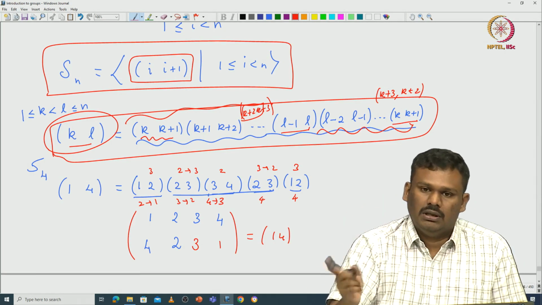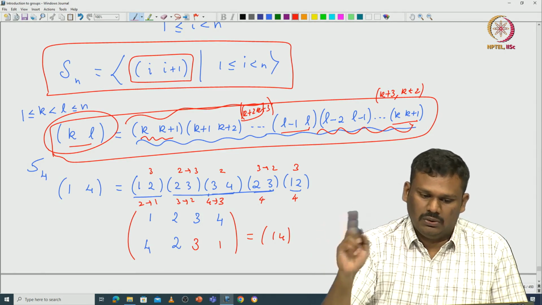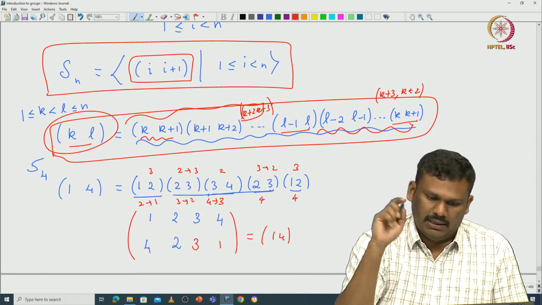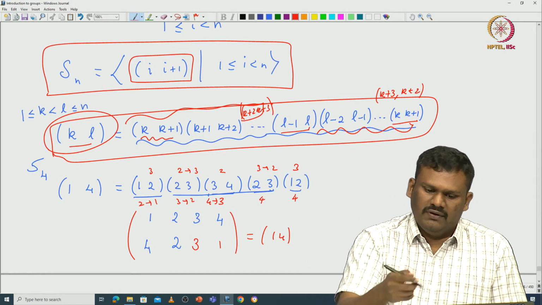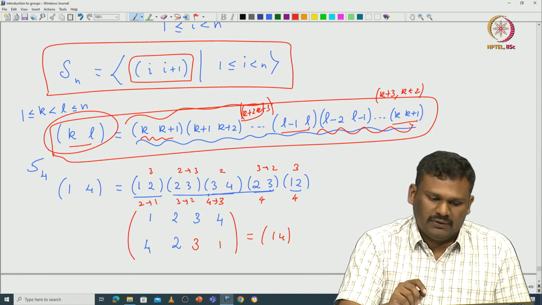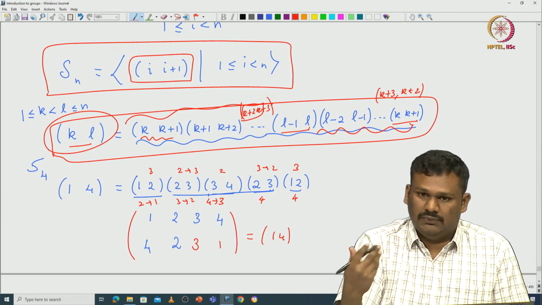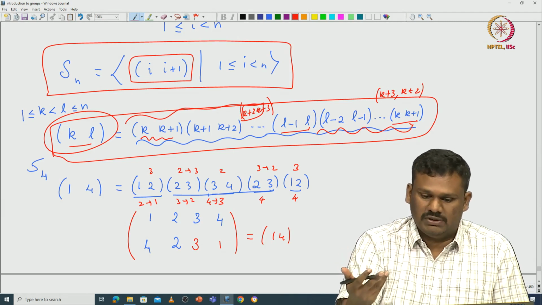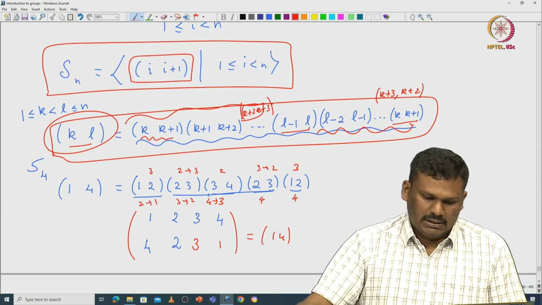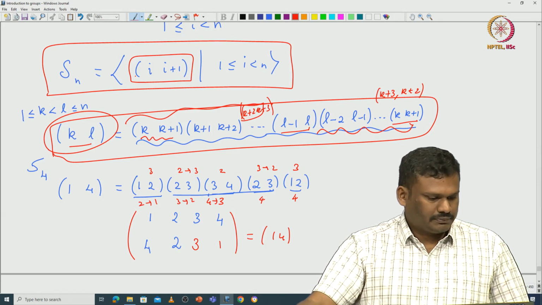So, whichever rows or columns you are actually permuting, depending upon that it will just switch. So, we will give that reflection group interpretation later once I introduce the isometries and reflection groups and so on. Okay. So, let us move on.